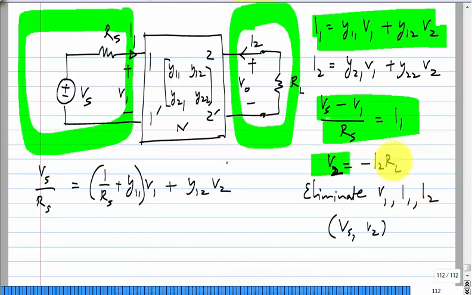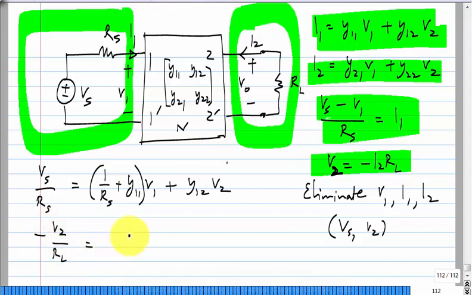And if you combine this and that, you will get, right.